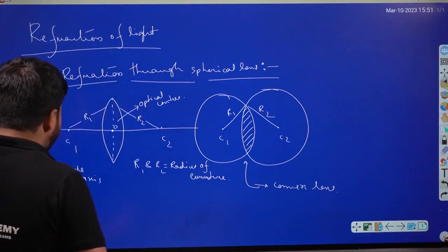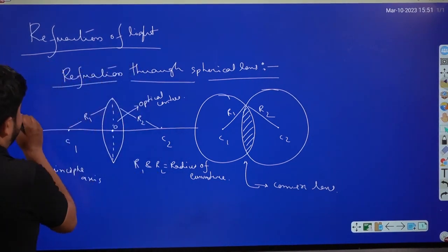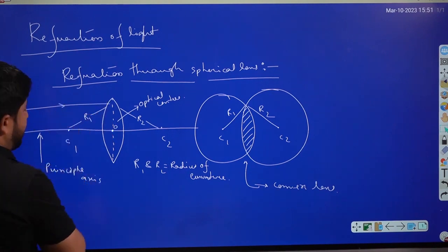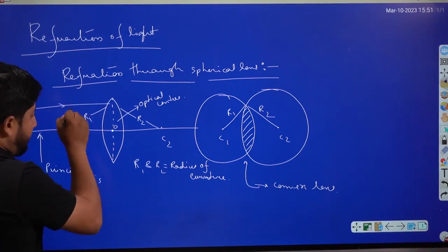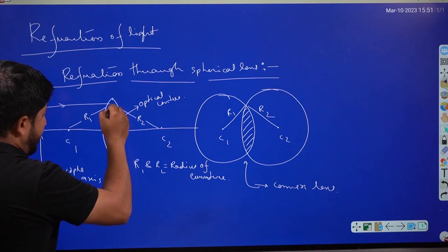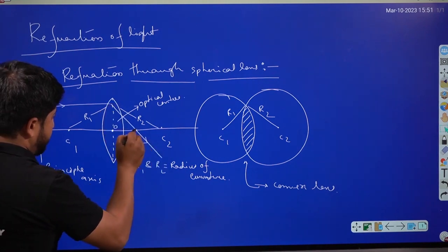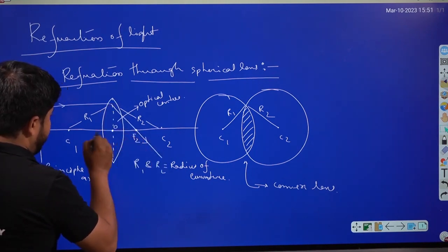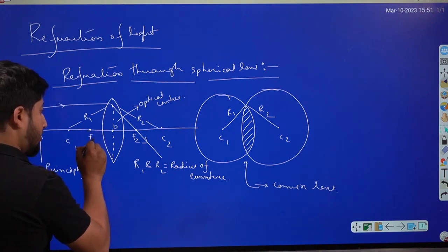If a ray of light comes parallel to the principal axis, it goes to the focus. It is called focus F2. On the other side there is also a focus, so there are two focal lengths.